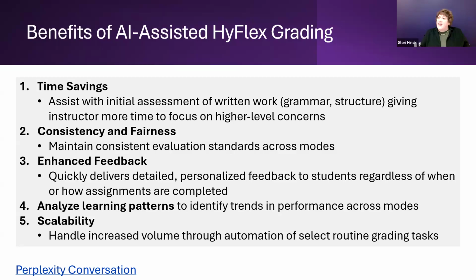Enhanced feedback: it can be quicker at delivering detailed, personalized feedback, no matter how or when students are presenting. You could use AI to analyze learning patterns to identify trends in performance across your modes. And then scalability: in theory, hopefully you could handle increased volume through automation of select routine grading tasks. And I'm going to go into that concept a little more in a minute.